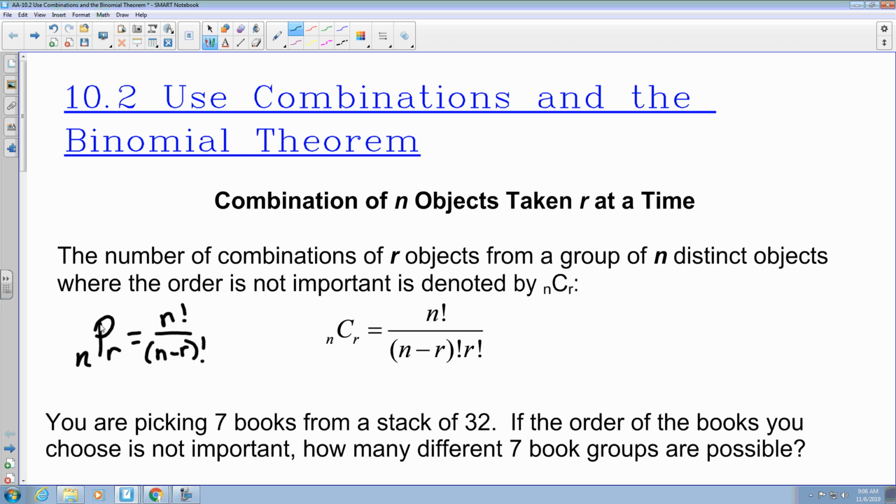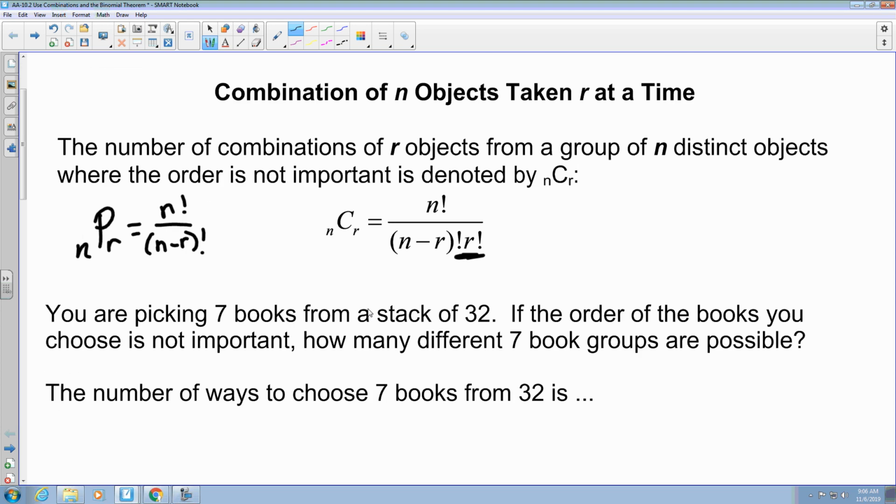The only difference between the permutation and the combination in the formula sense is we have that extra r factorial in the denominator. Because of that, most of the time when n and r are the same, the permutation is going to be the larger number of outcomes because of that order importance.